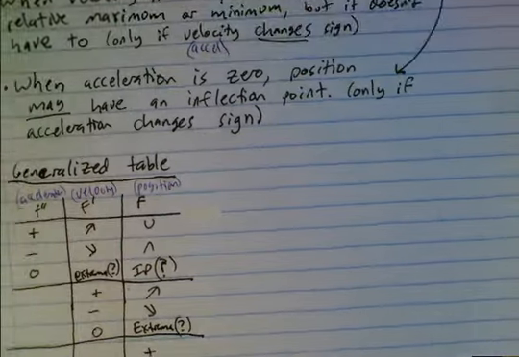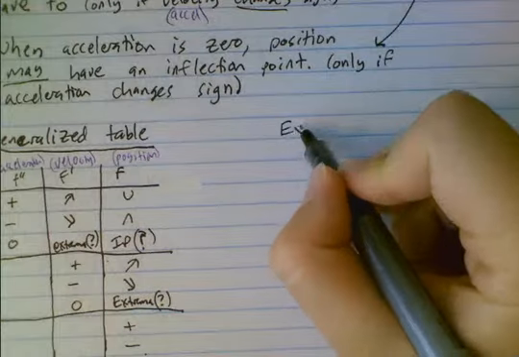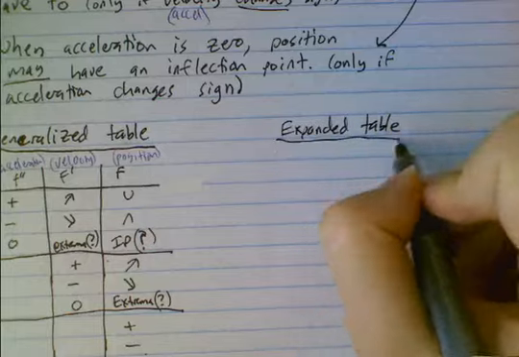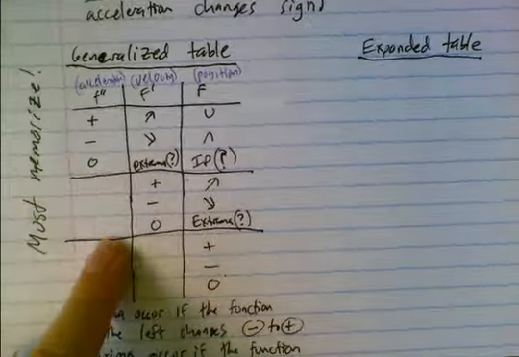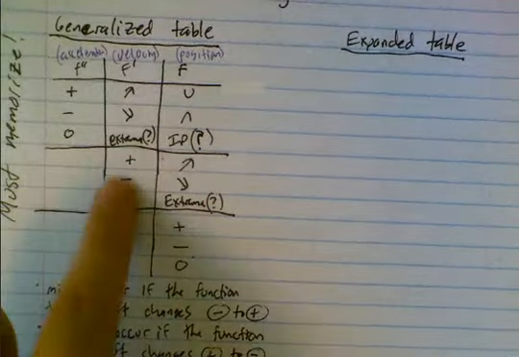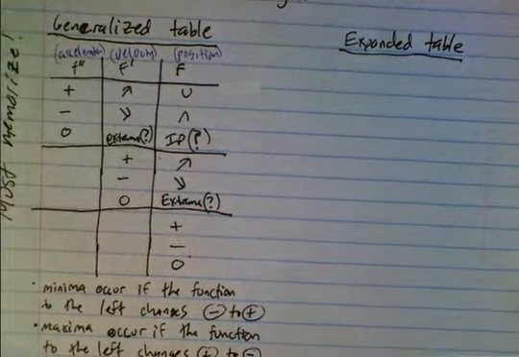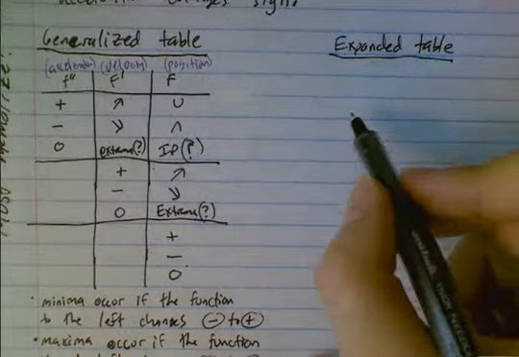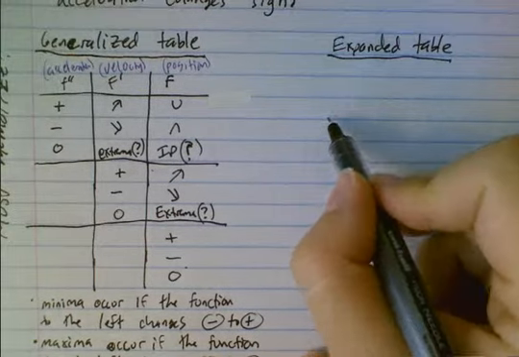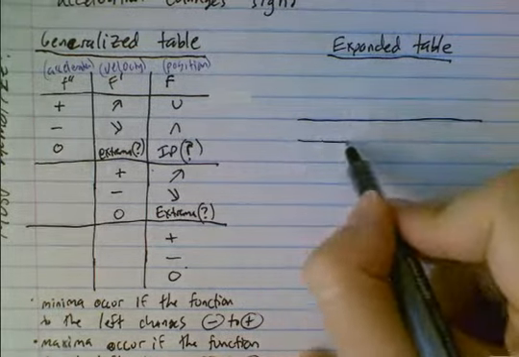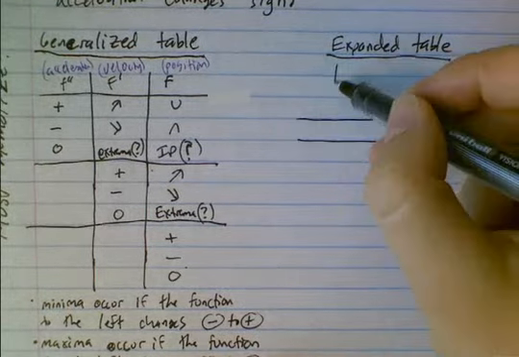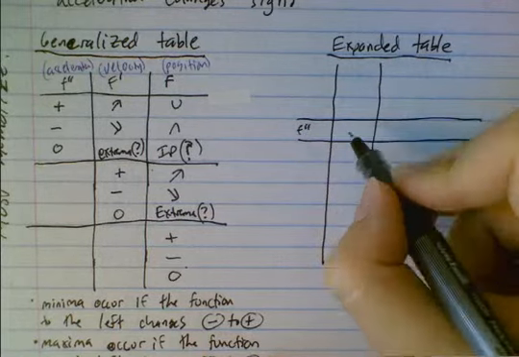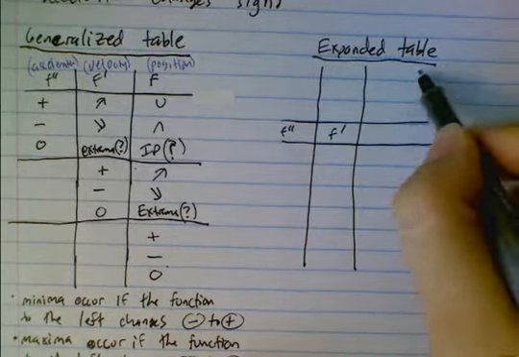Over here, I'm going to give you the expanded table. Notice that there are patterns over here, where basically just these diagonals are the same. So one of the things that we could do is we could actually just expand this table both up and to the side. So here I'm going to do f double prime. Here I'm going to do f prime.